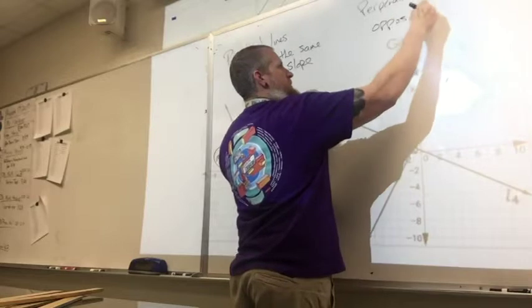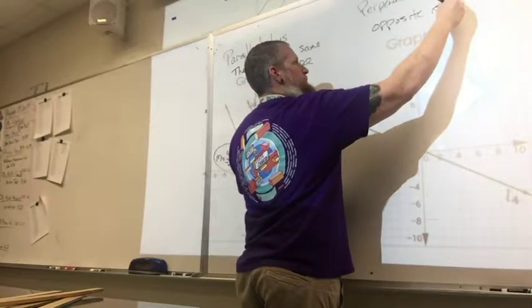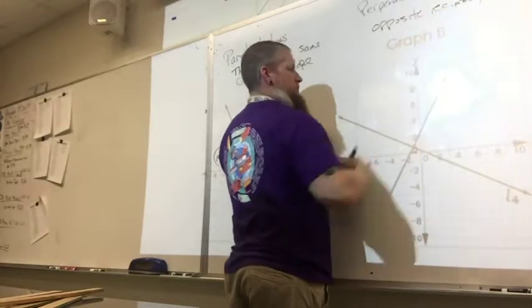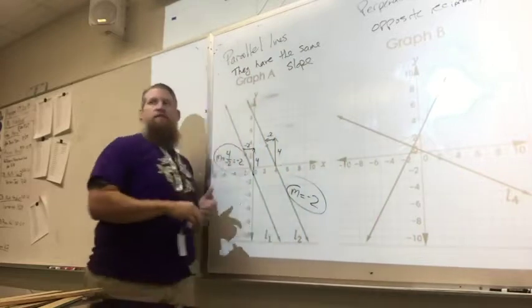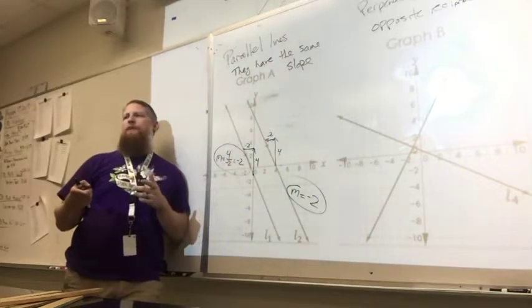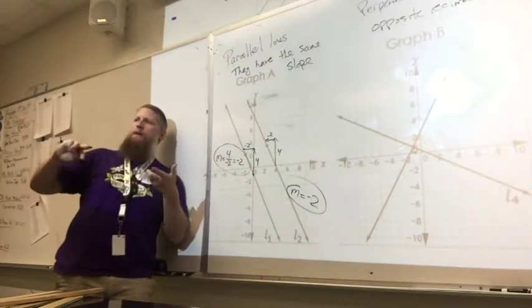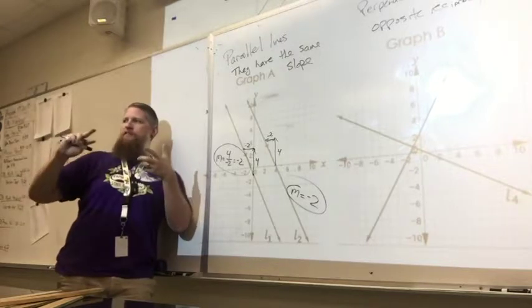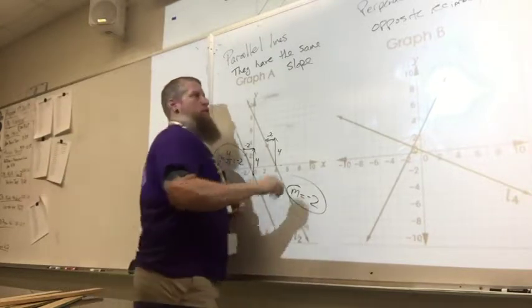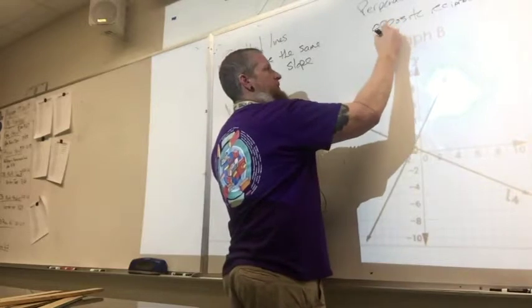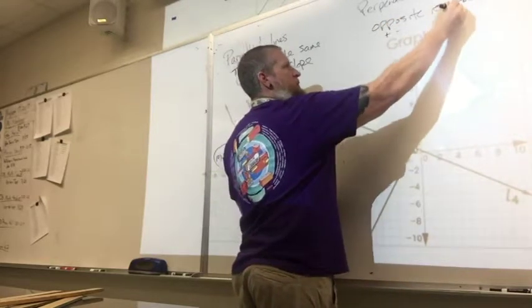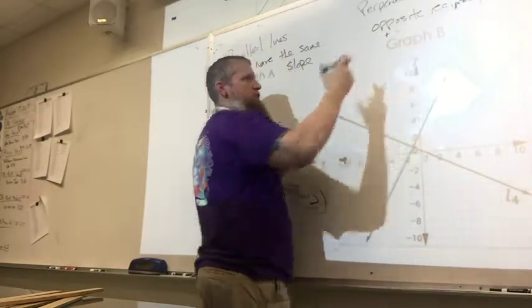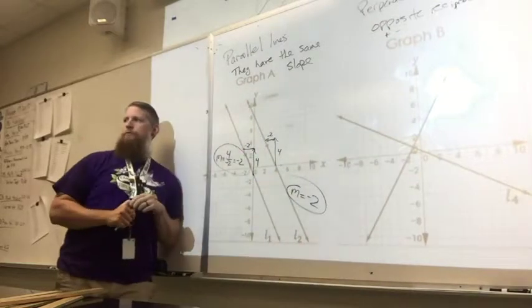So opposite, reciprocal. So if one of these was like 5 over 6, the one perpendicular would be 6 over 5, but one of those would have to be negative to create the opposite part. So again, opposite deals with the positive negative part. Reciprocals just means that the fractions are flips of each other when you do the slope.